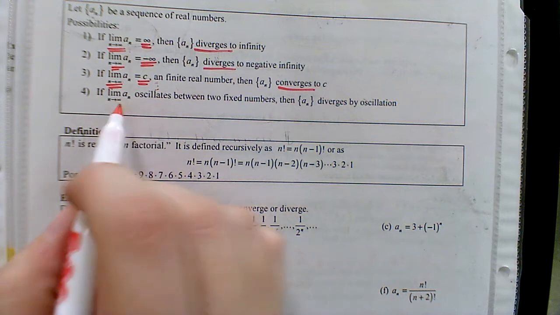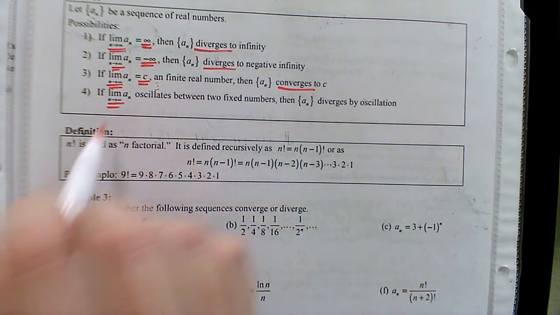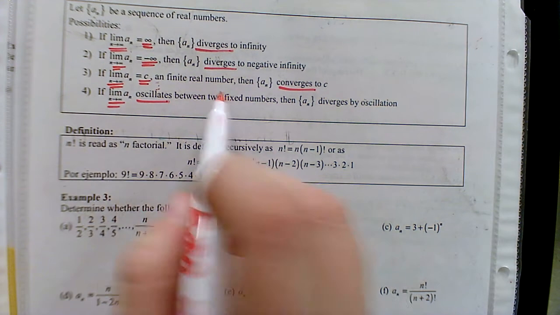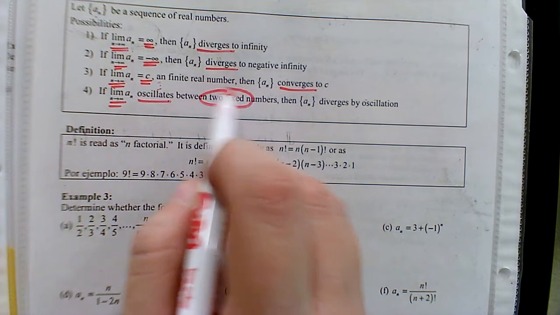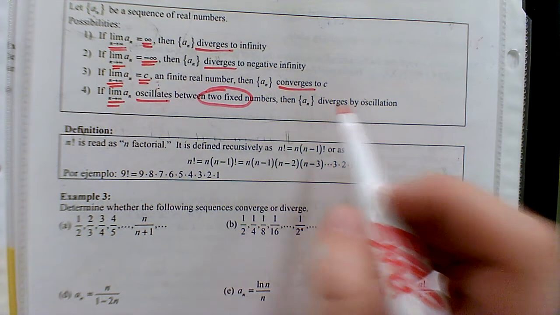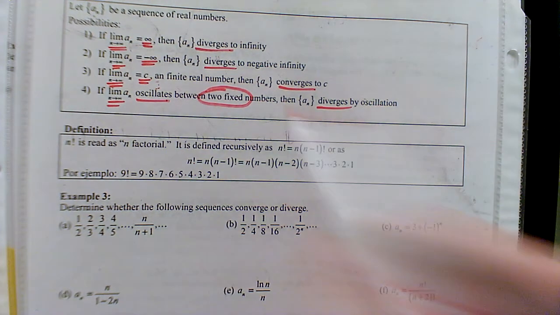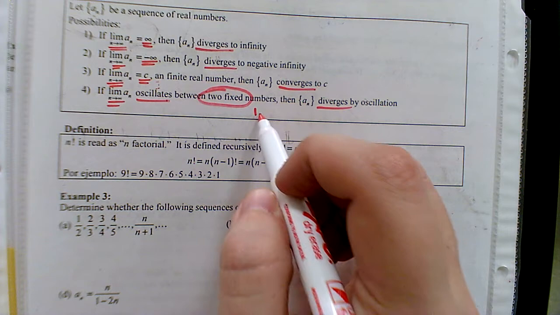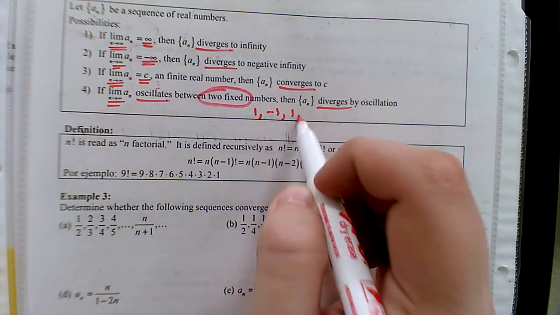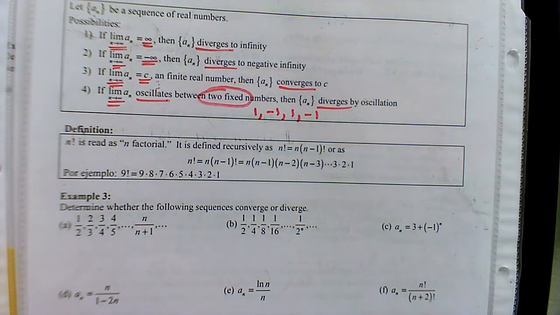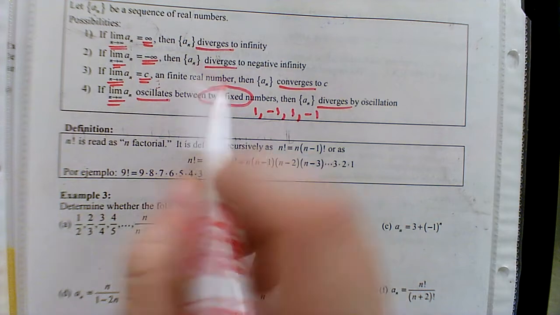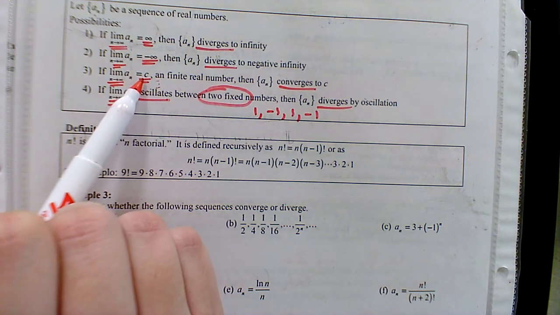Okay. What might be a little different is as we go deep into a sequence, if we oscillate between 2 fixed numbers, that one also diverges. I think we saw an example of that last week where we had like 1, -1, 1, -1. Remember that one? We're not going towards infinity, but we're not approaching a specific number either.